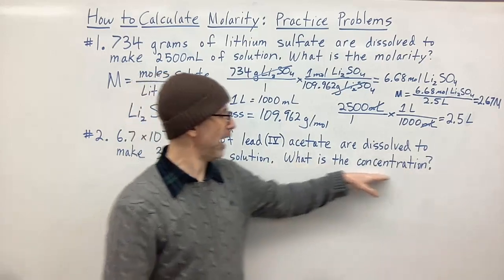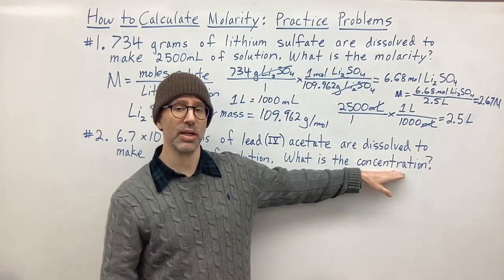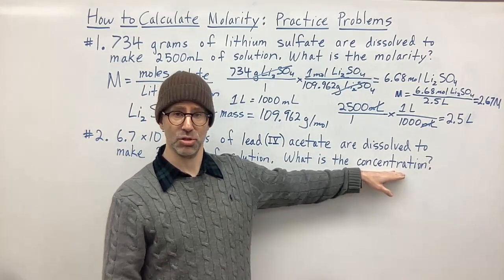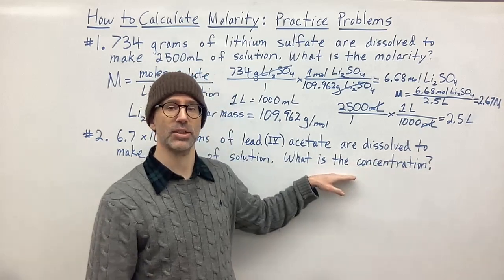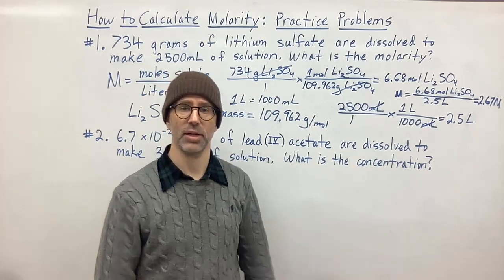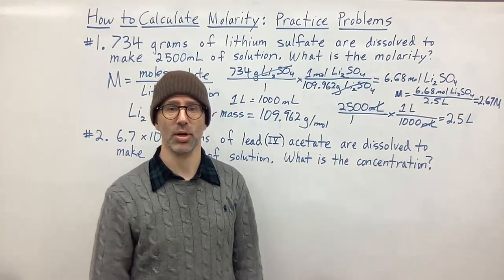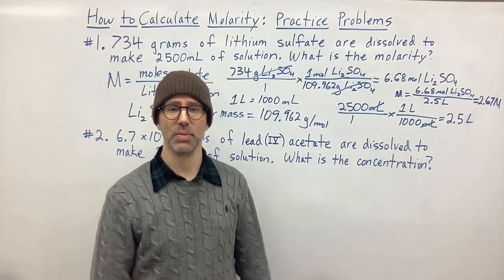When they're asking you for the concentration in chemistry, the assumption is to use molarity. So if they're not asking for a specific concentration, assume that they want it in molarity, because in chemistry, that's usually what we have our concentration expressed in.